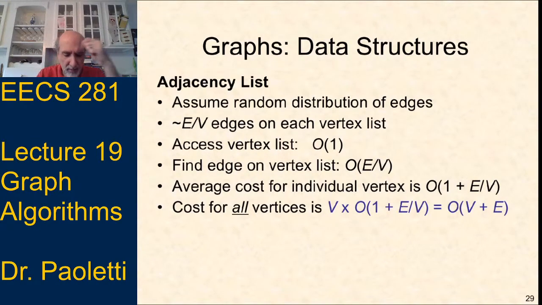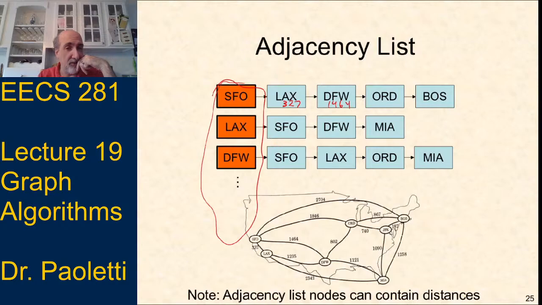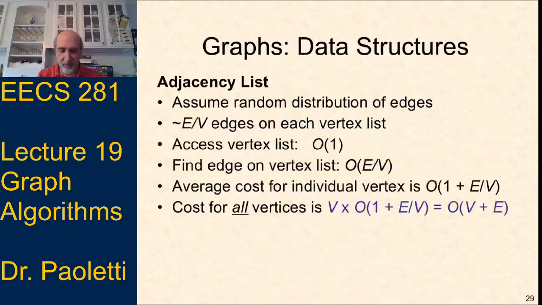And you say, well, wait a minute, doesn't that thing have SFOs and LAXs? Well, maybe instead of this being a vector, this is a hash table of linked lists. Then we could assume that I can get average case O of 1 lookup to get to the head of that linked list. Okay, so that's how we could do it.